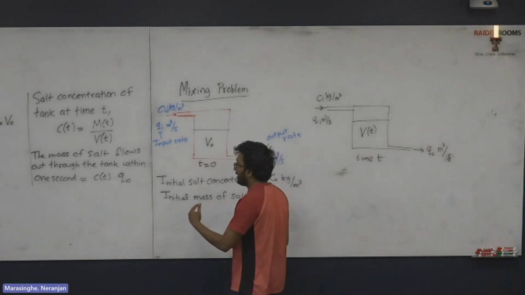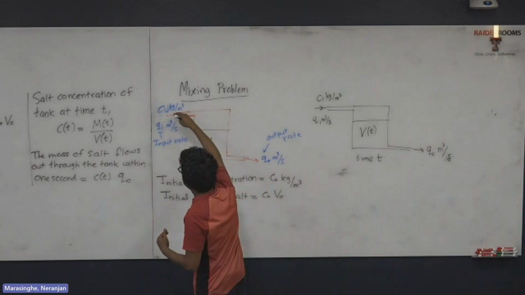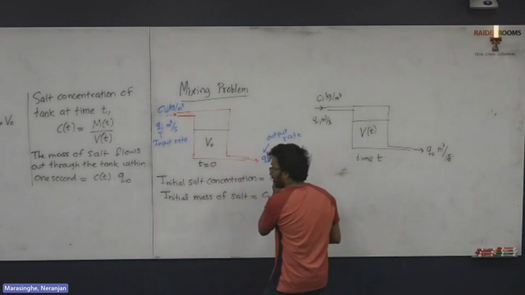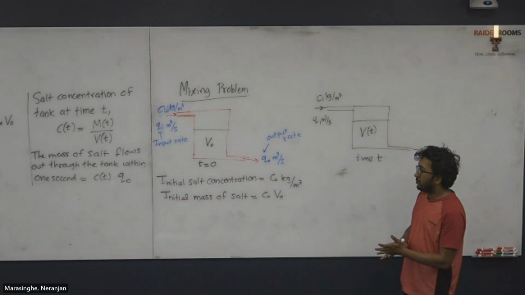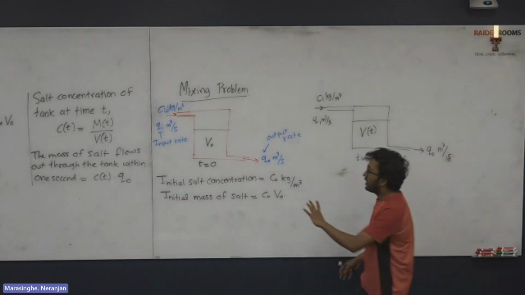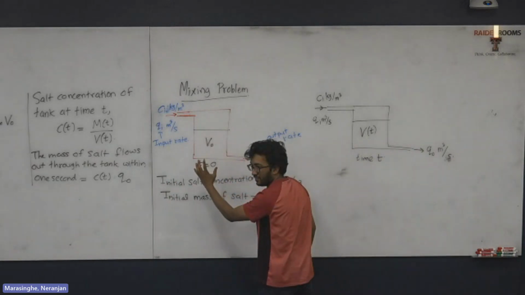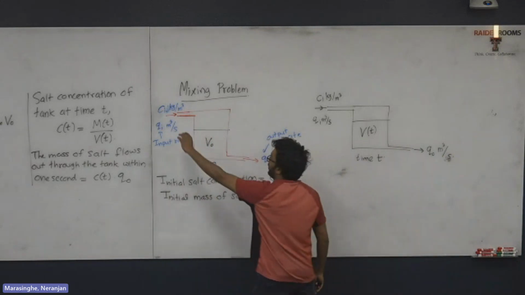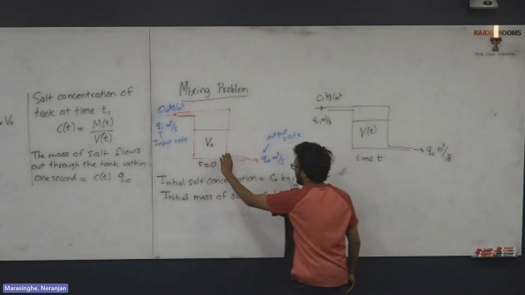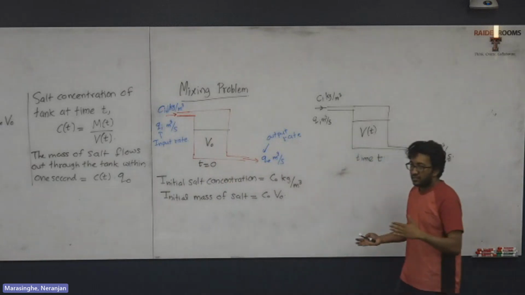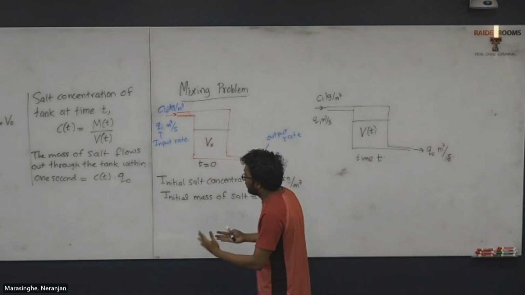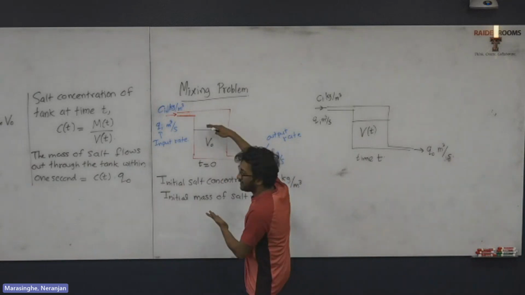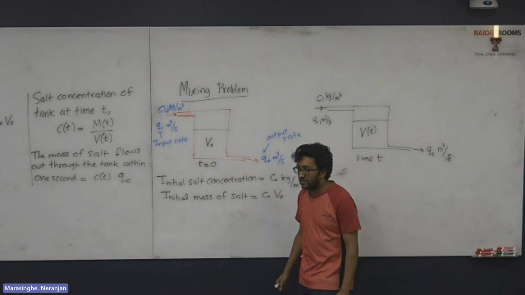For that, I need to consider the input rate of the salt mass and the output rate of the salt mass, because that difference would cause the change in the salt mass inside the tank.